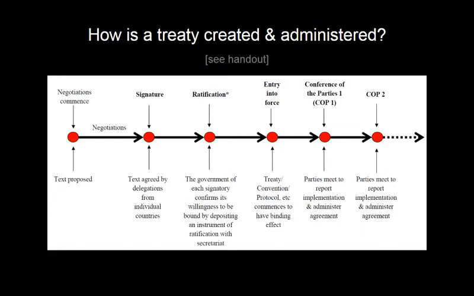So negotiations commence, and then if you can agree on what your obligations will be, you agree on a text, then there are two stages. Signature, when the delegates negotiating the text of the treaty sign, but a country isn't bound at that stage. There's typically a next step, which is ratification.